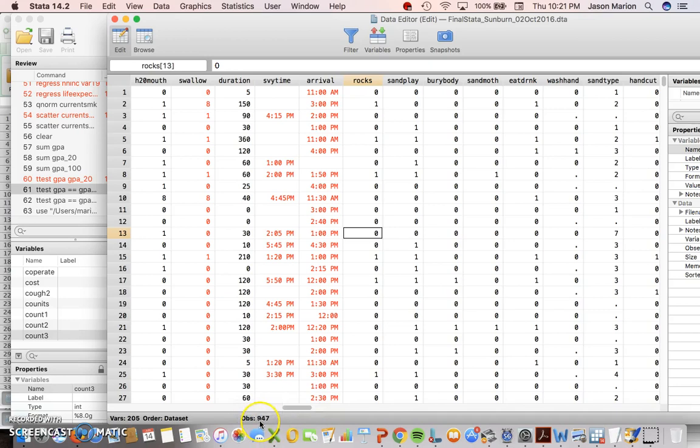Now, this data came from 947 people who were visiting a swimming beach, where they went outside and went swimming at a state park beach. These are the people that my research team surveyed.